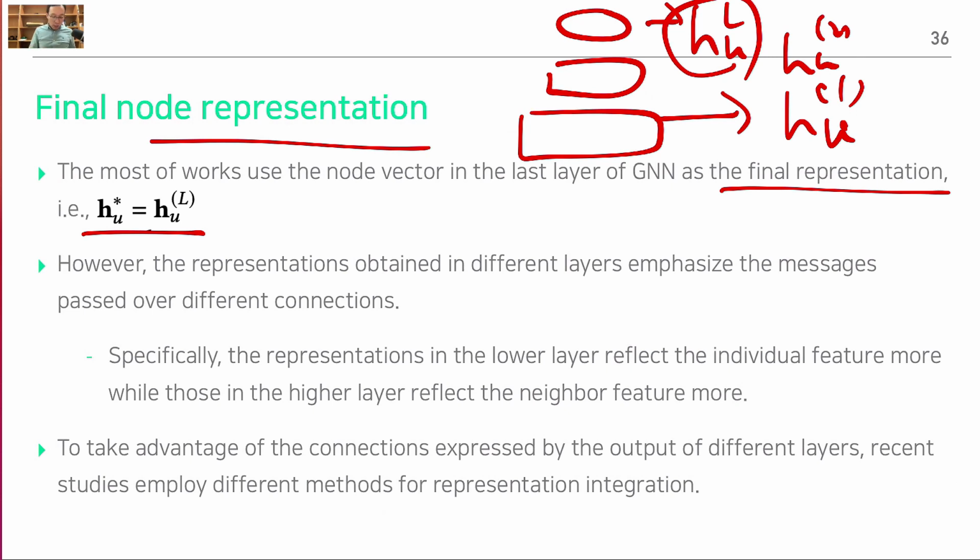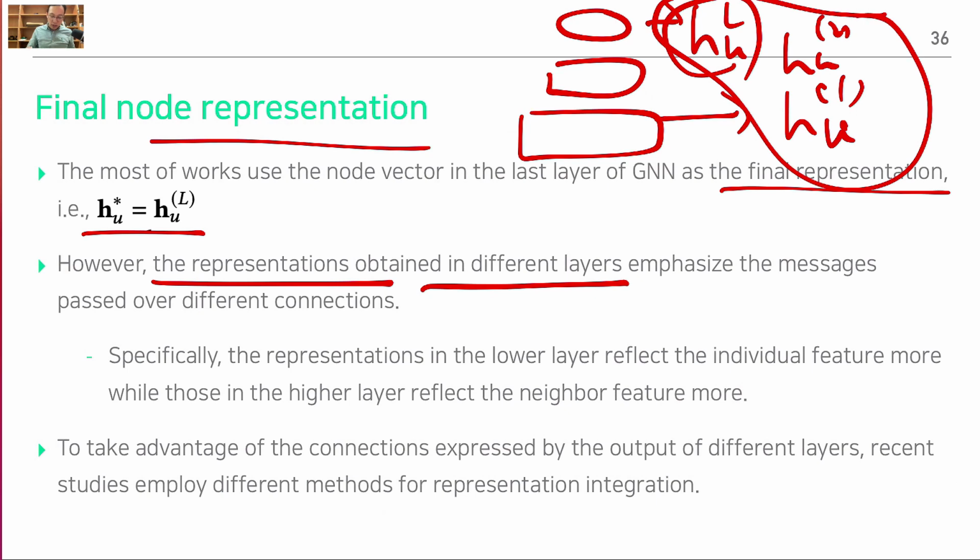However, the representations obtained in the different layers emphasize the messages passed over different connections. So people observed that the last one does not always show good results, and people try to take advantage of all the representations at the same time.